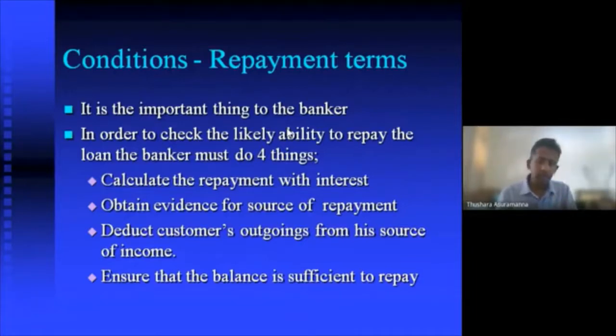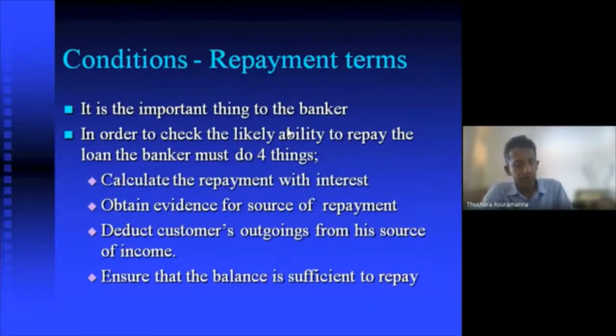Then deduct the customer's outgoings from his source of income. Disposable income is very important, because there may be some expenses, customer liabilities, as against the income that he is generating, right? And you need to compute that to understand. Ensure the balance is sufficient to pay. That's what we say DSCR.